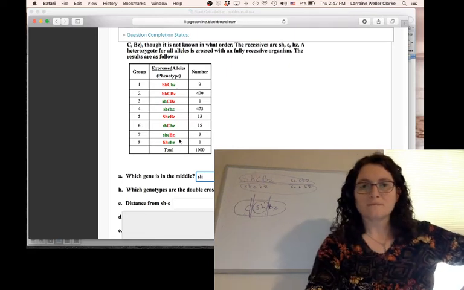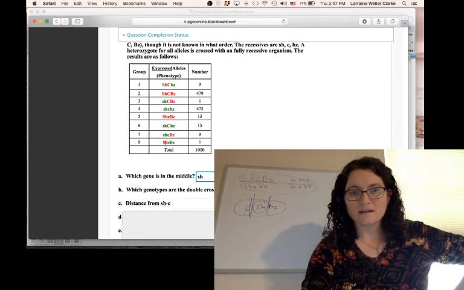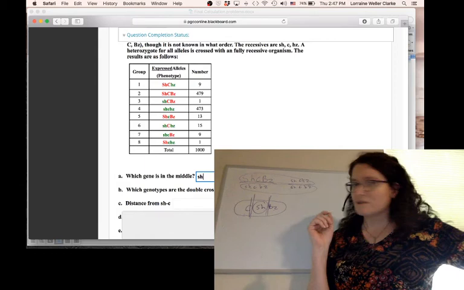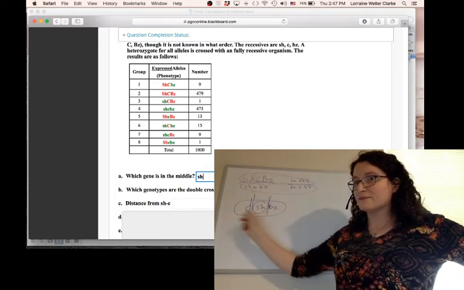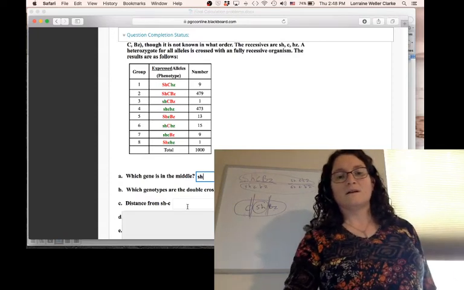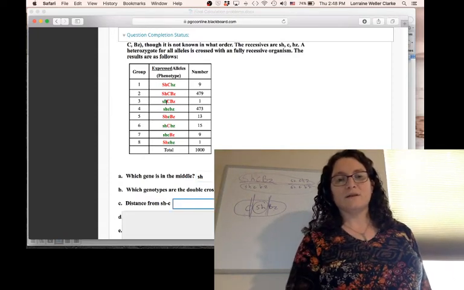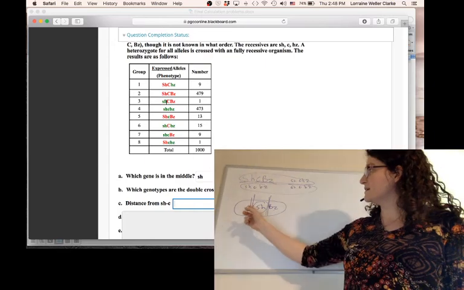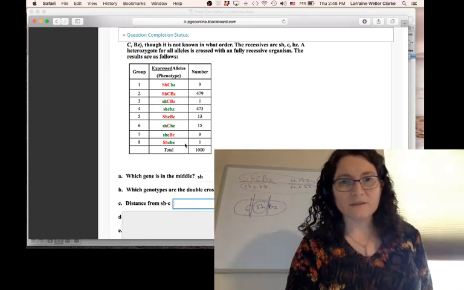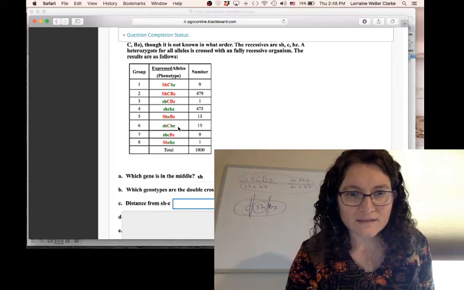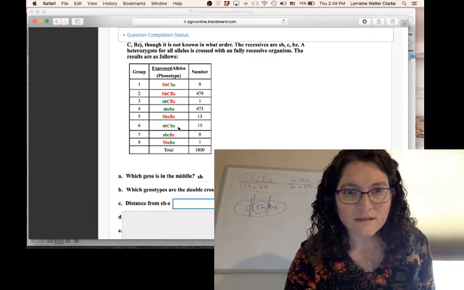SH to C, this is the distance I want currently. To do SH to C, you look for the ones where the C has moved. That's going to be 6 and 1.